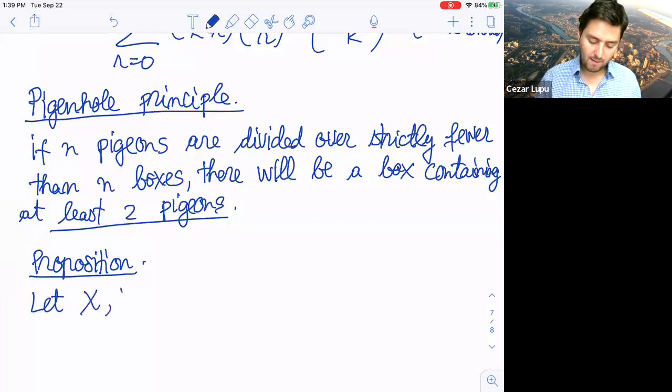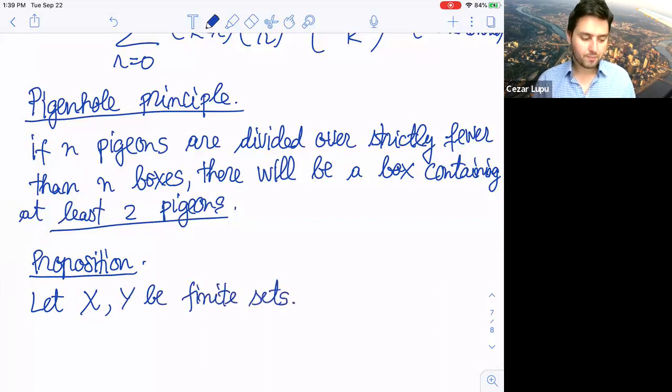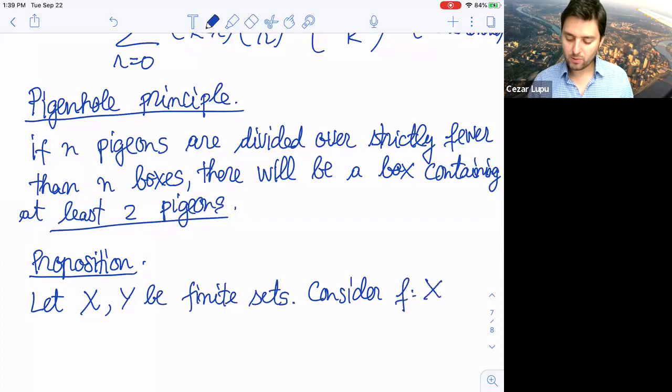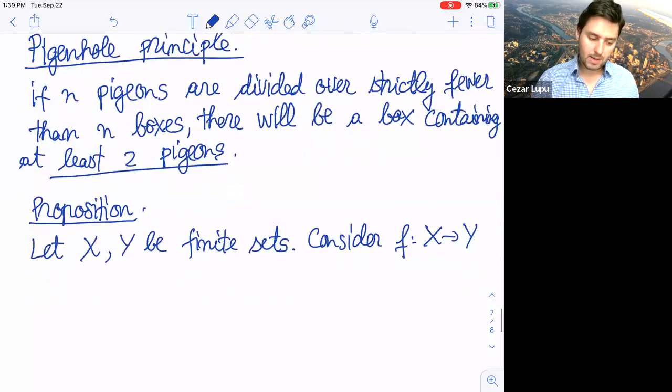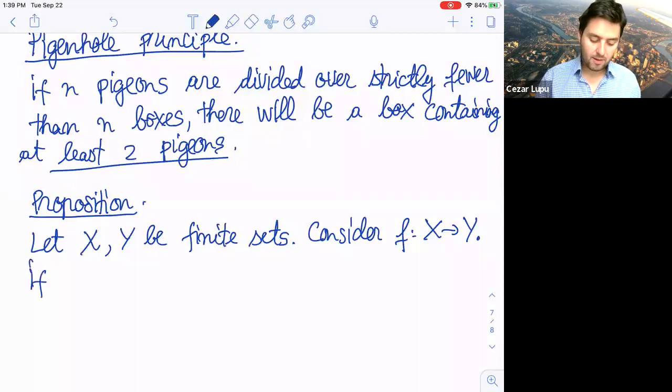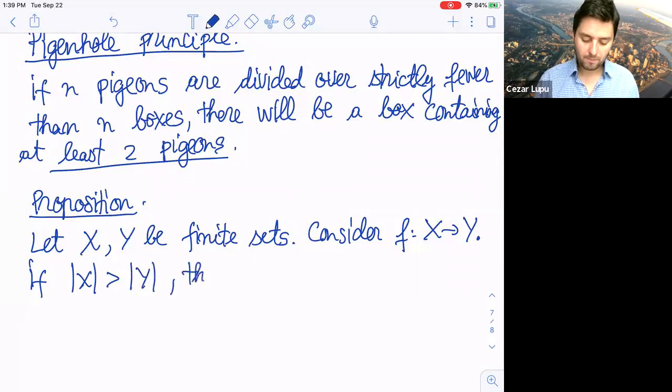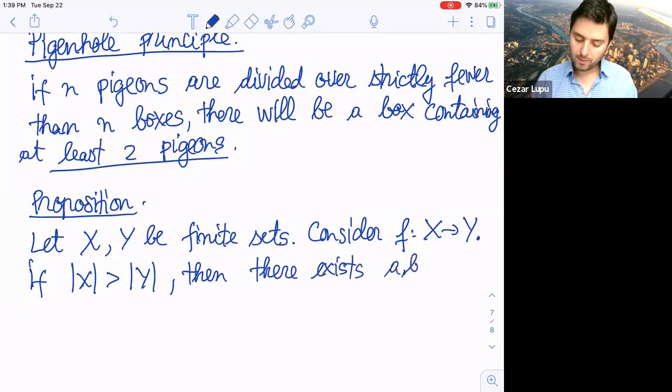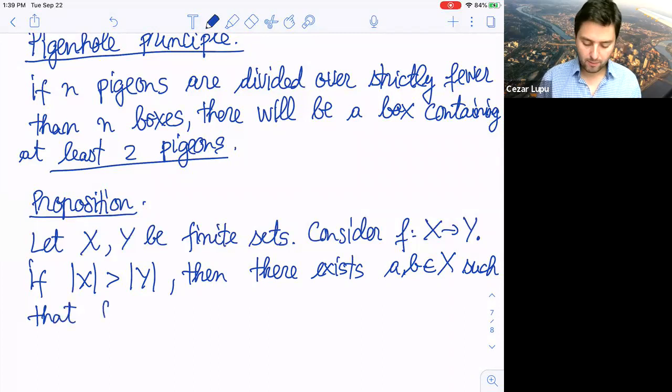Let X and Y be finite sets, and we consider a function f from X to Y. If the cardinality of X is strictly larger than that of Y, then there exist 2 elements in the set X, let's call them a and b, such that f of a is f of b, right?